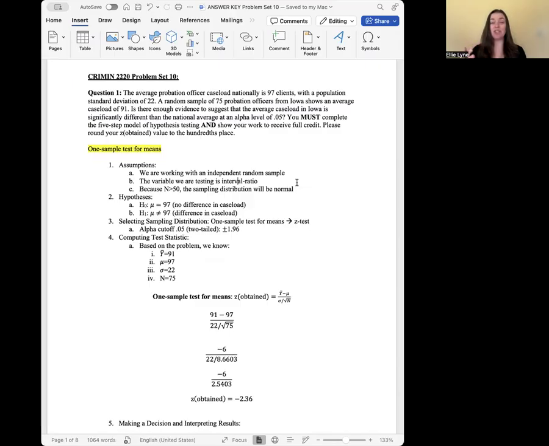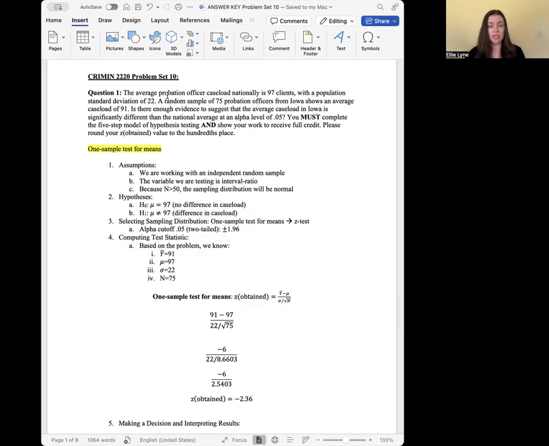Think of your assumptions as your checklist: we have to verify that all of these 3 things are met in order to move on to the subsequent steps. I see here that we do have a random independent sample, so we're good on that. The variable we are testing is interval ratio.